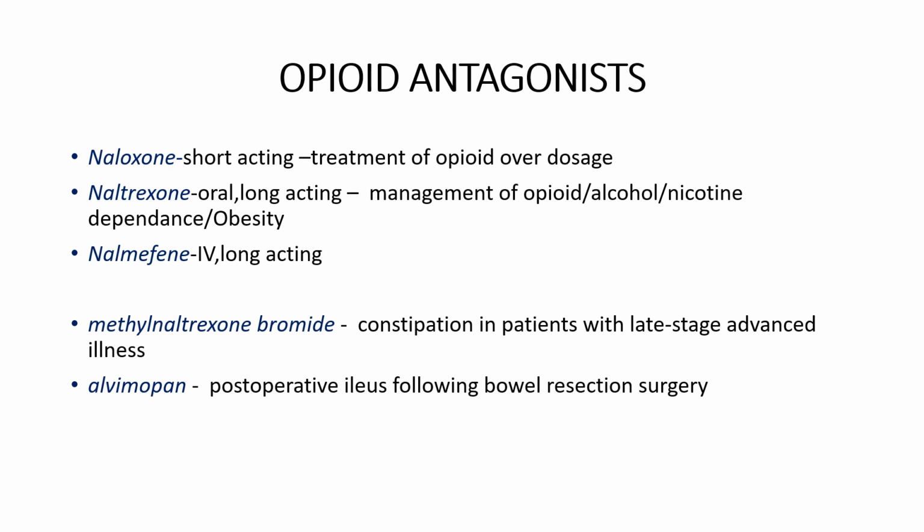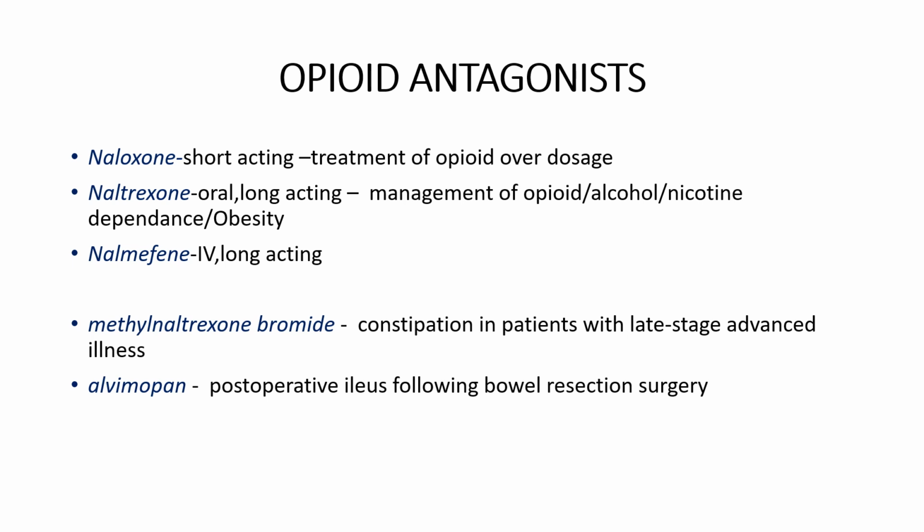Now the opioid antagonists. You have three main opioid antagonists: naloxone, naltrexone, and nalmefene. Naloxone is a shorter acting opioid antagonist, so it is used in the management of opioid overdosage, acute morphine poisoning. Naltrexone is an oral, longer acting drug.